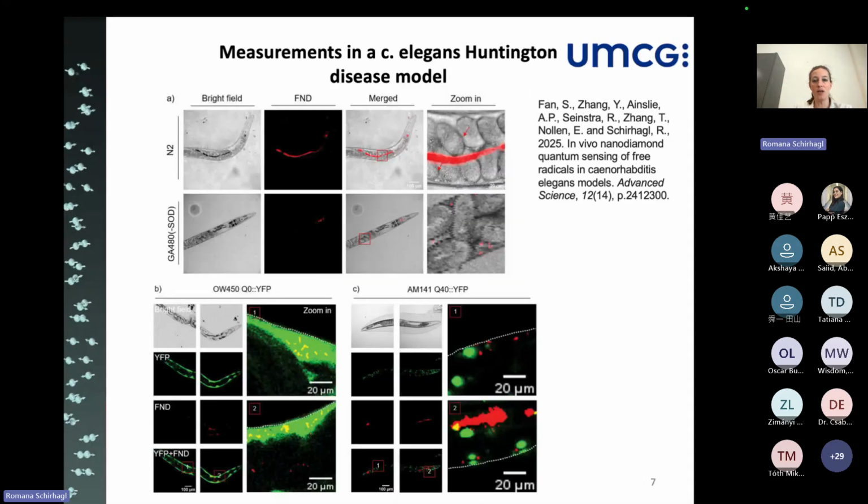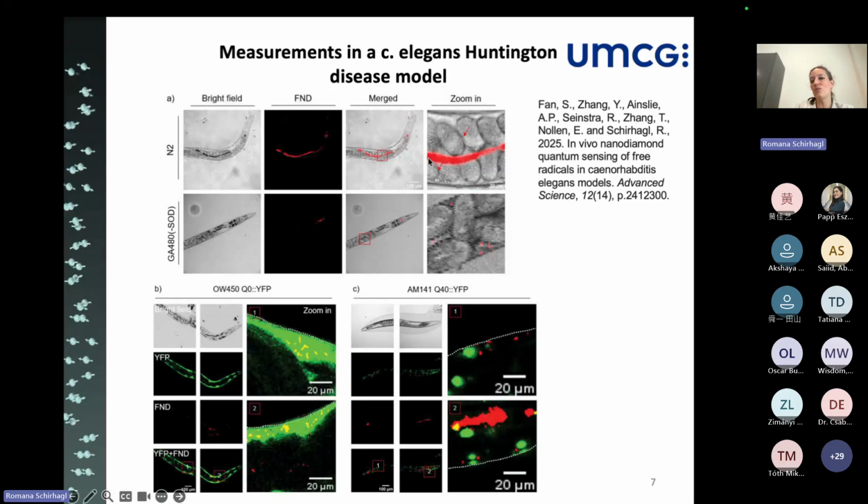Now, this is some imaging where we overlaid confocal microscope with bright field, and in red this is where you see the diamonds, and basically the structure here that is red, this is the gut. So you see that they behaved well and ate all these diamond-coated bacteria, so the whole gut is full of diamonds.